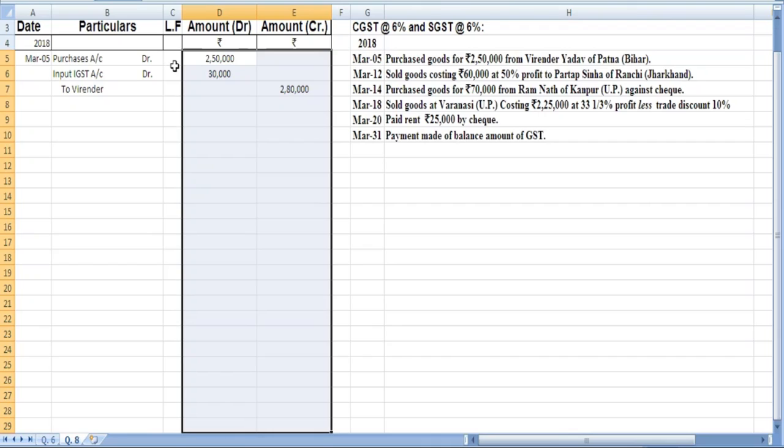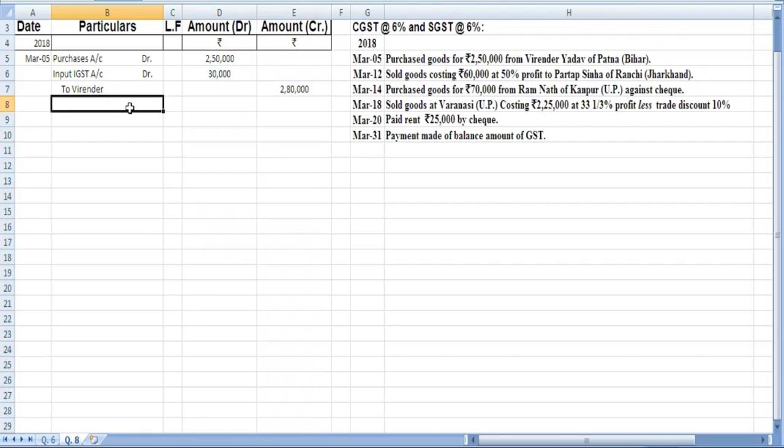Okay, we'll write here purchased goods from outside the state.